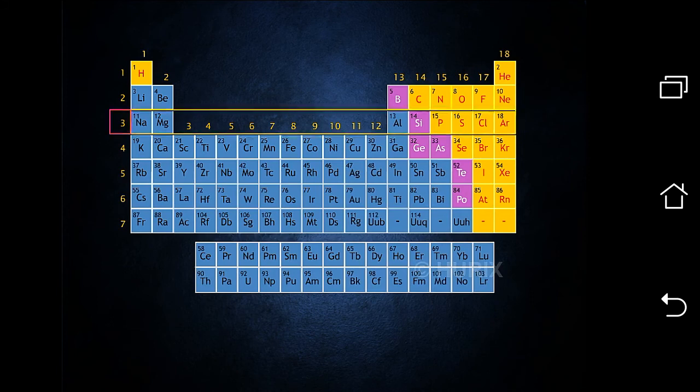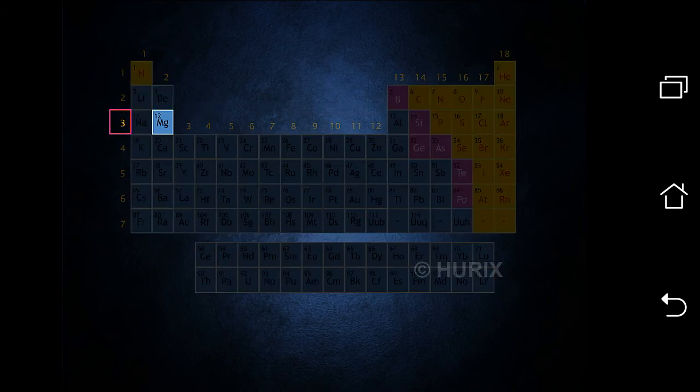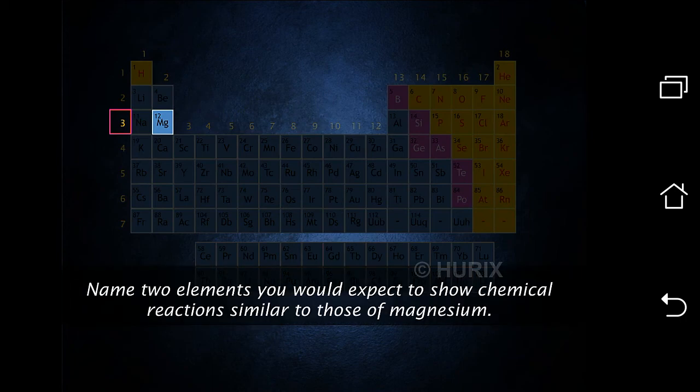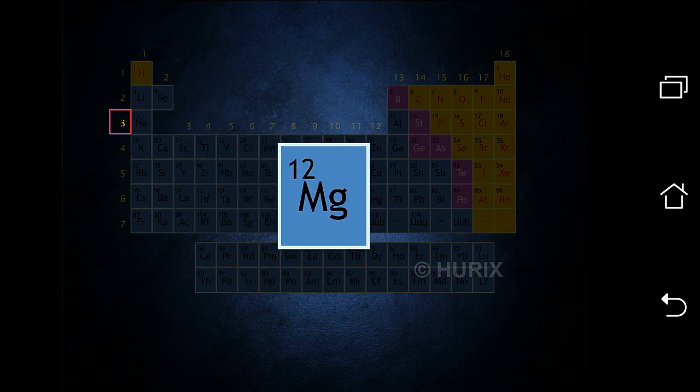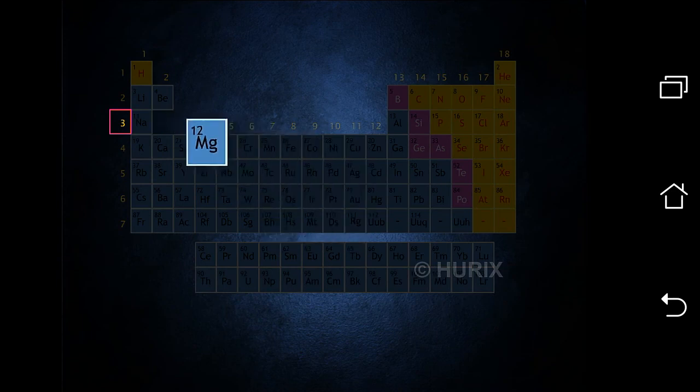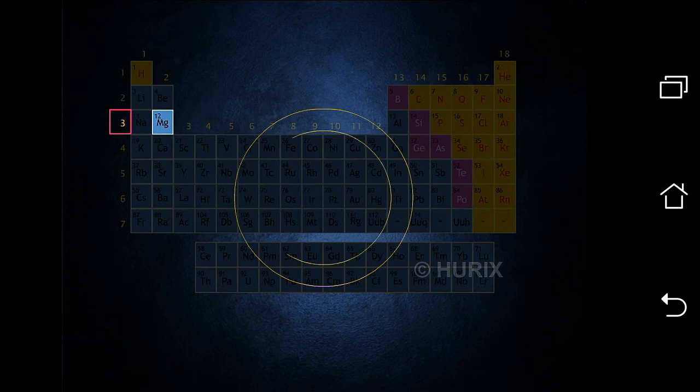Let's take an element from the third period. For example, magnesium. The atomic number of magnesium is 12. Magnesium has 12 electrons. The first innermost shell of magnesium contains 2 electrons.